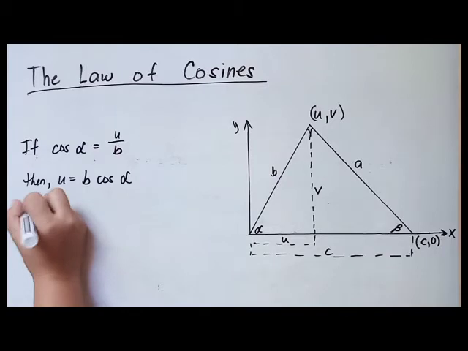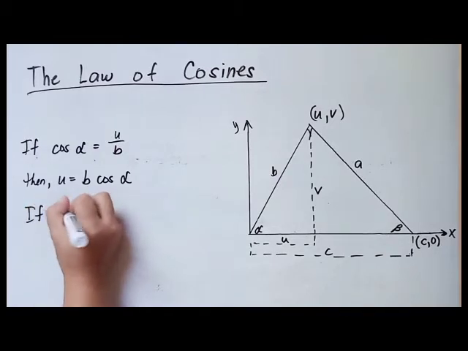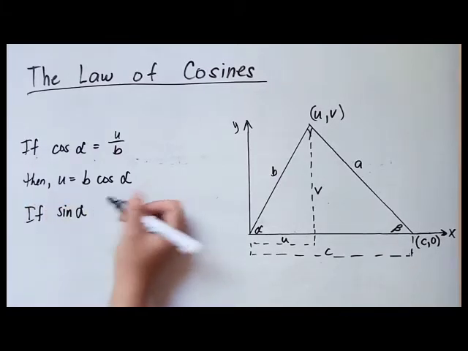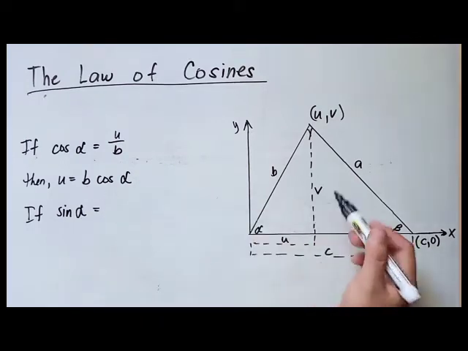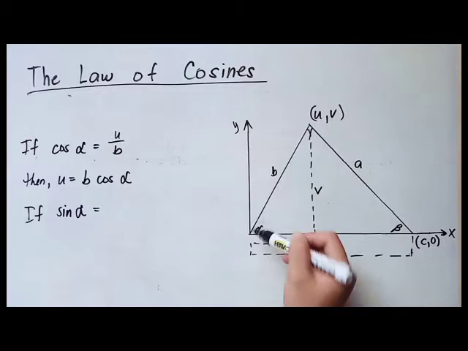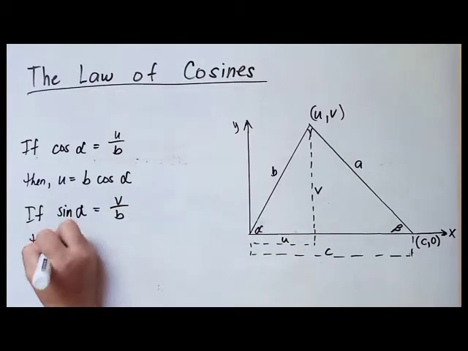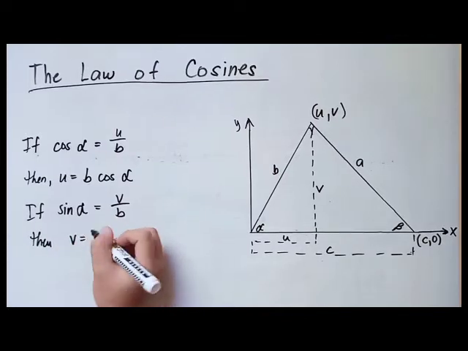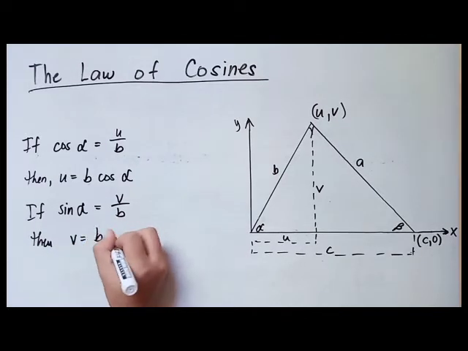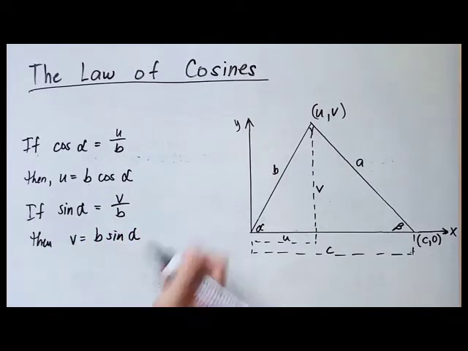Similarly, sine alpha is opposite over hypotenuse, so that is v over b, then v is equal to b sine alpha.